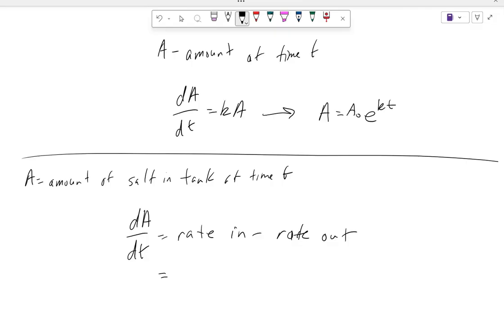Okay, so brine comes in at 2 pounds per gallon at 4 gallons per minute. How can I get pounds per minute out of that? Multiply them, right? 2 pounds per gallon times 4 gallons per minute gives me what I want for the rate in, doesn't it?